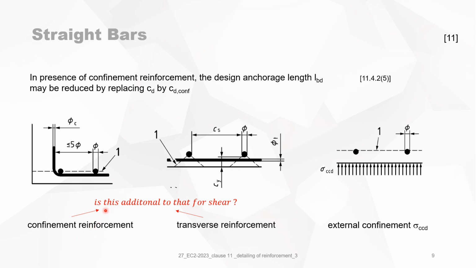So now the question is, is this confinement reinforcement and transfer reinforcement in addition to the shear reinforcement you need, or can you use the shear reinforcement as a confinement reinforcement? This is not clear. Why? Because the stress in the confinement reinforcement is not stated or is not given in a formula.